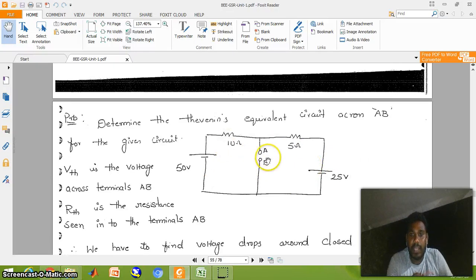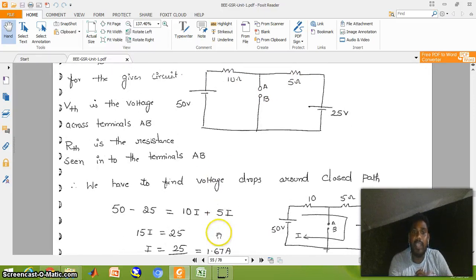Here A and B terminals are open circuit, so no current is flowing through these terminals. So current is flowing directly through the 10 ohms, 5 ohms, and the 25 volt source and 50 volt source. The same current is flowing through 10 ohms and 5 ohms, so those two are connected in series.